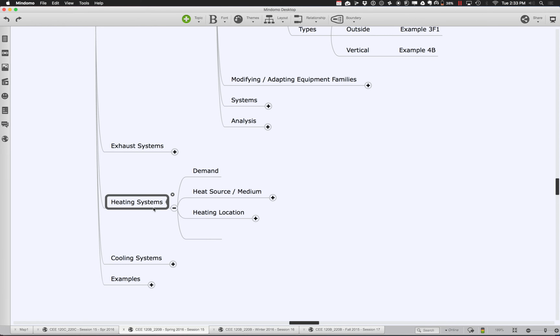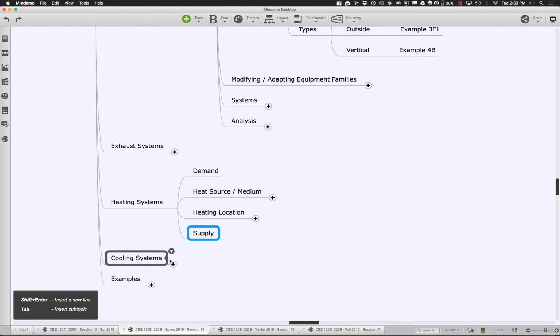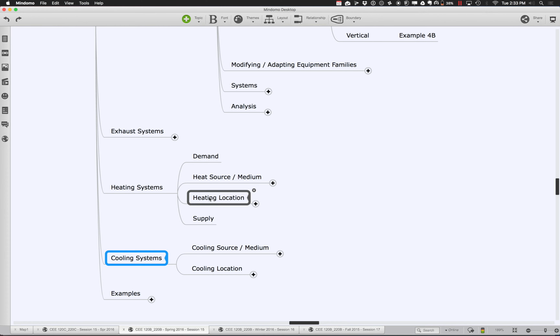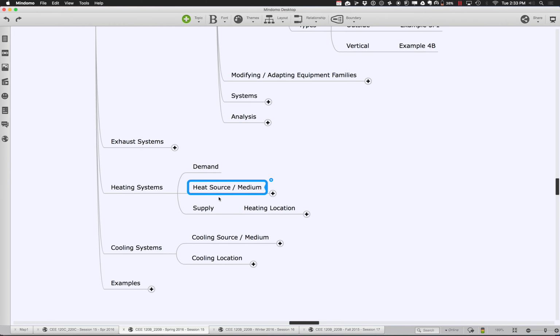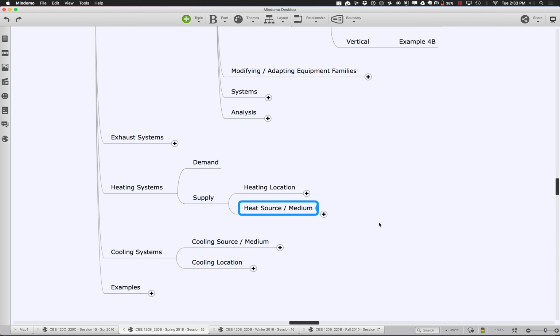Then we have the source, or how we're supplying it. That gets into both the location of where we're supplying it and what medium we're using.